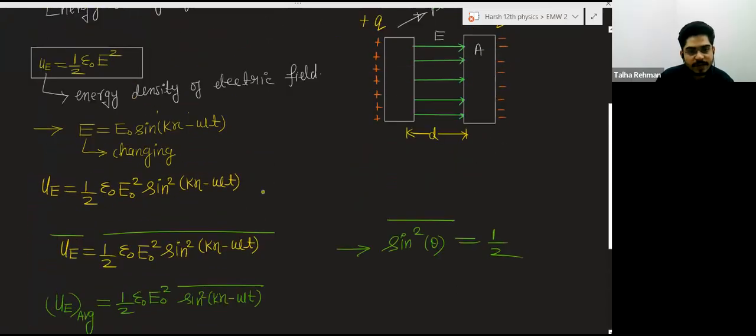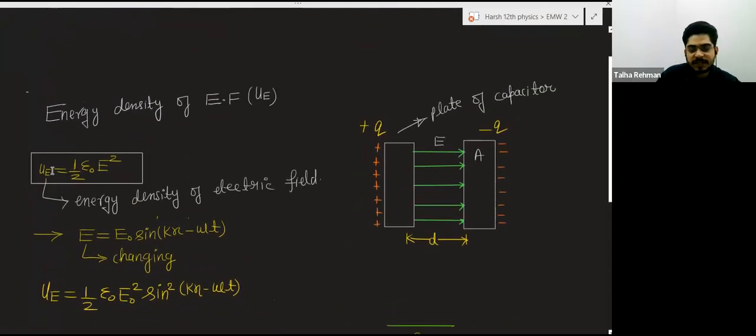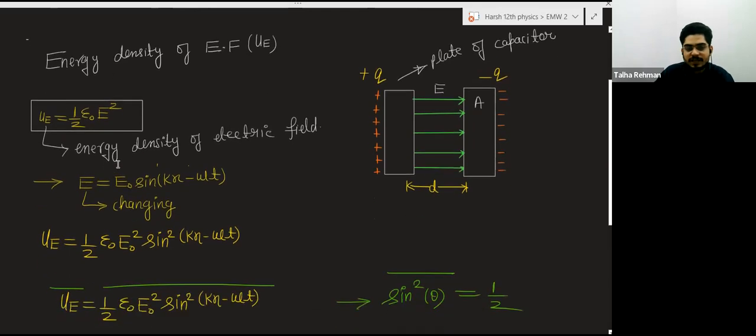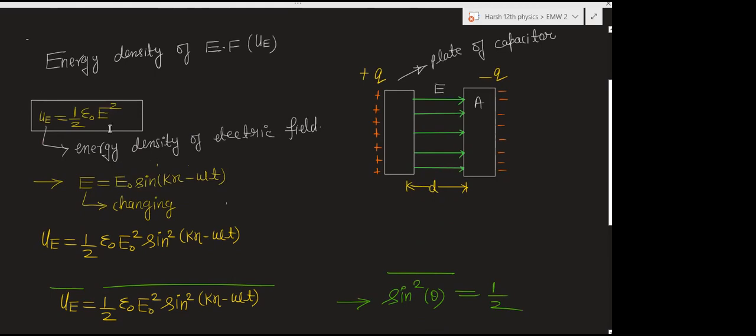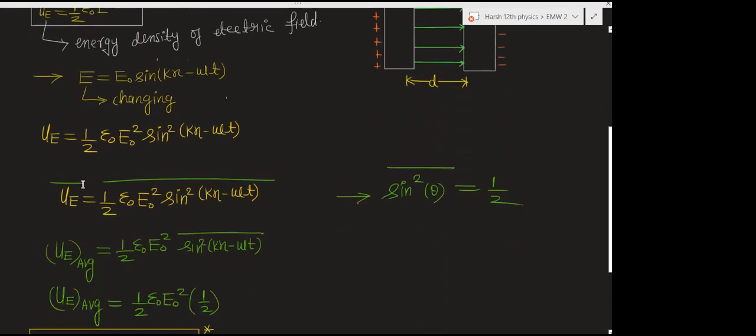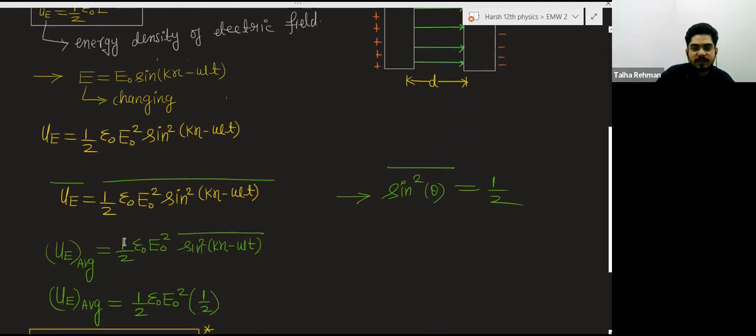So how have we calculated it? First we calculated the energy density for the electric field, that is half epsilon naught into E naught square. After that, what is the equation of the electric field in an electromagnetic wave? E is equal to E naught sine(kx minus omega t). Then we put this value in the energy density equation and took the average.